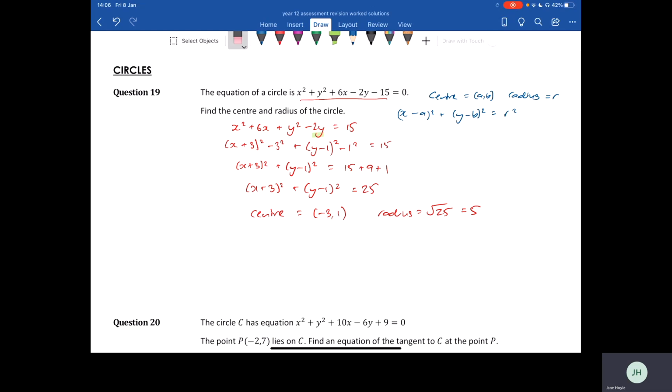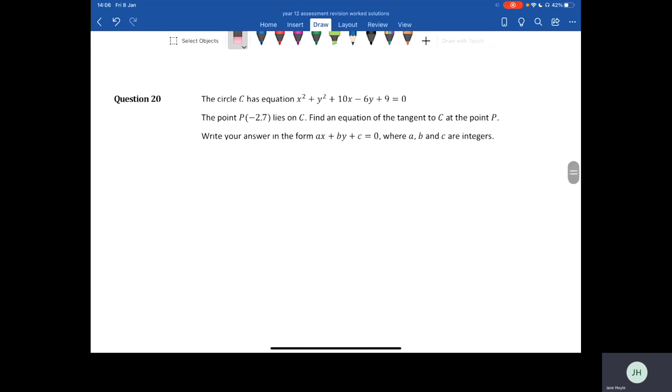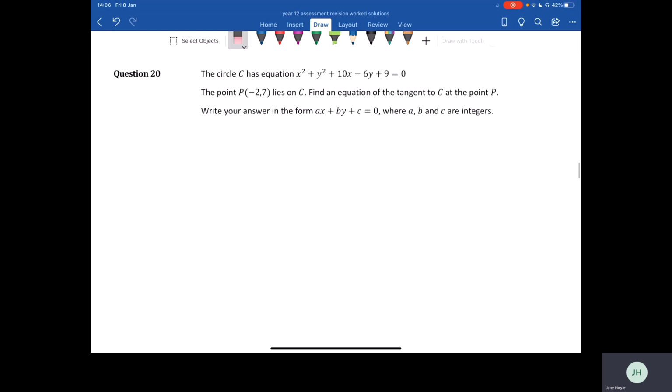Okay, so next up, we need to do a little bit more. We've got to find the equation of a tangent. Now, immediately you see that word tangent, you probably think dy/dx, you think gradients. However, for circles, there is one particular property that's special for circles.